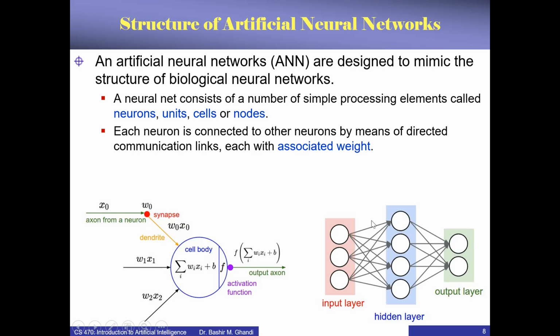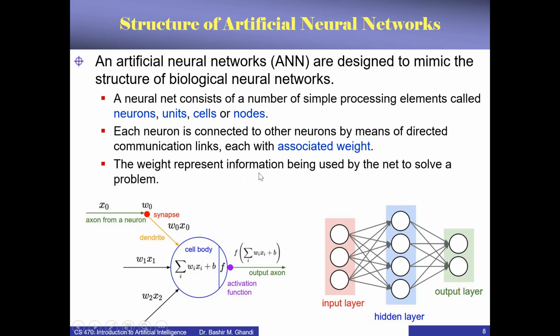These inputs are weighted by multiplying them with some weights. A bias is added, and then the receiving neuron will add all these inputs coming into a single value, apply the activation function, and then transmit the result to the next neuron, and so on and so forth.